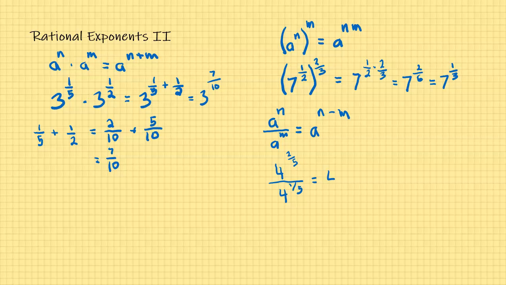So I'm just going to write the 4 once now, and then it's going to be 4 to the 2/5 take away 1/5. This is simple because we have the common denominator of 5, so 2 minus 1 is 1, and then we have over 5, so the answer is just 4 to the 1/5 power. We're done.